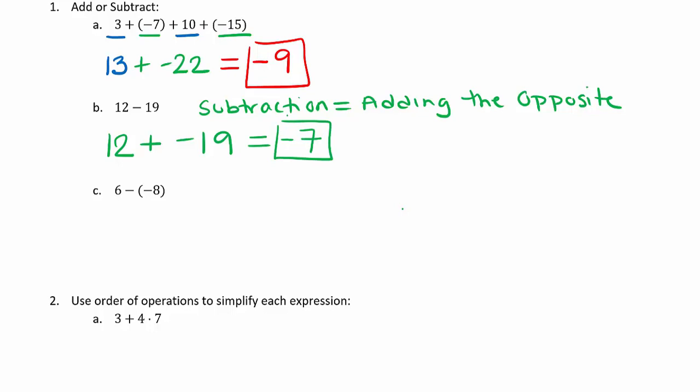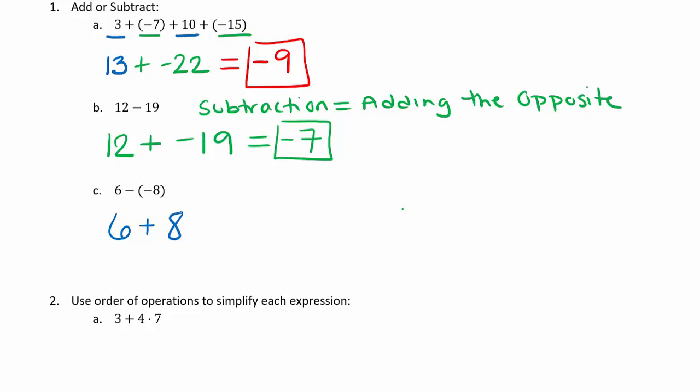So notice, subtracting a positive number is the same thing as adding a negative number. Using that same reasoning, if you want to subtract a negative number, that is the same thing as adding a positive number. To change subtraction into addition, you have to change the sign of the second number as well.